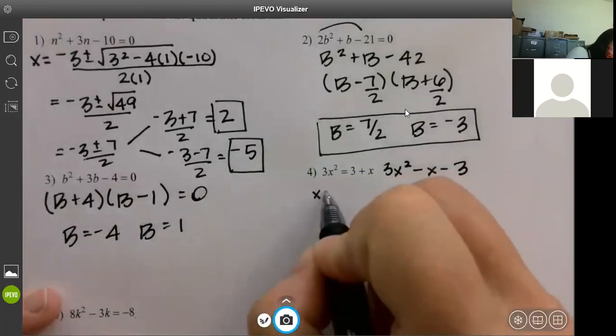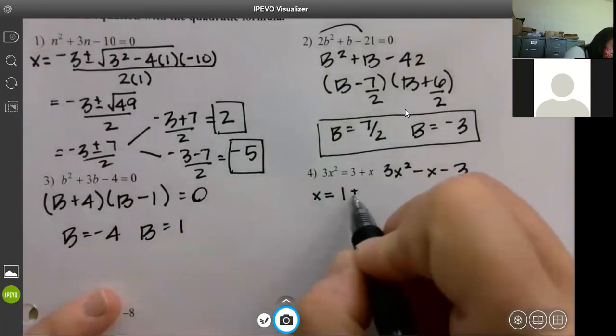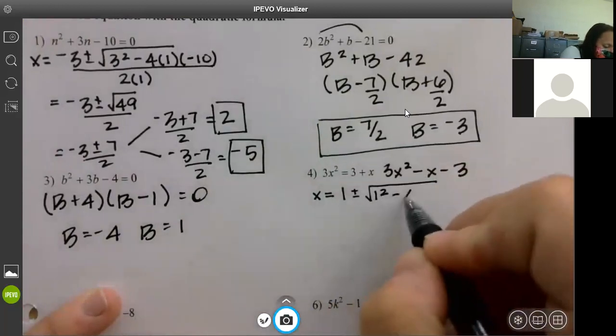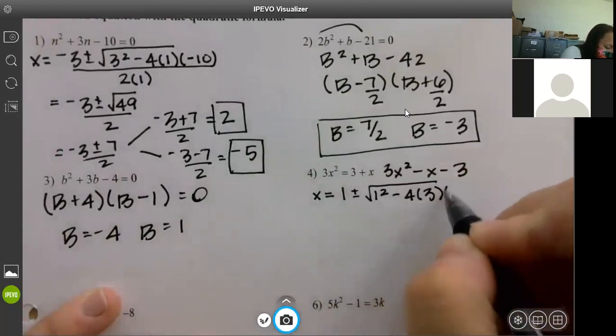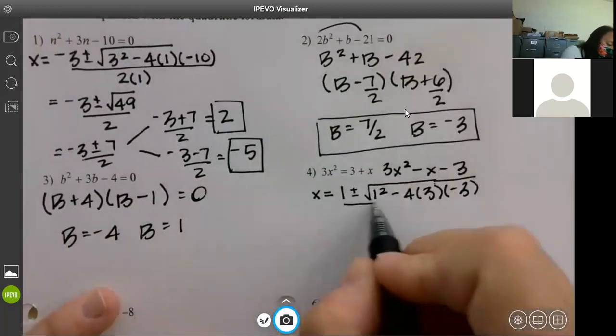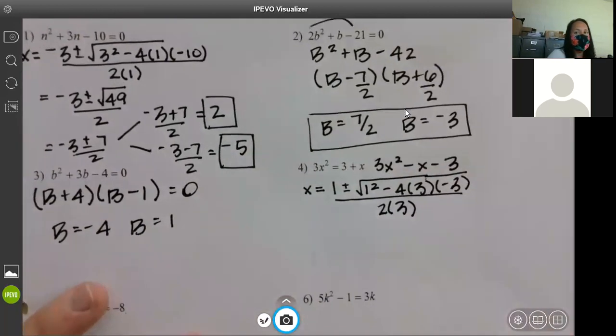X equals, what's -b? Plus or minus the square root of 1 squared minus 4 times a times c, which is -3. Make sure you get the negative in there. All over 2 times 3, which is a.